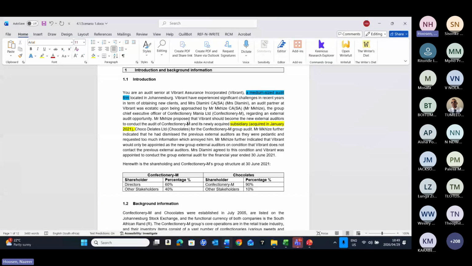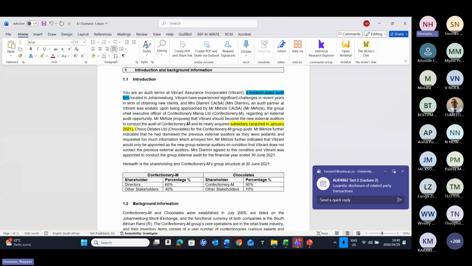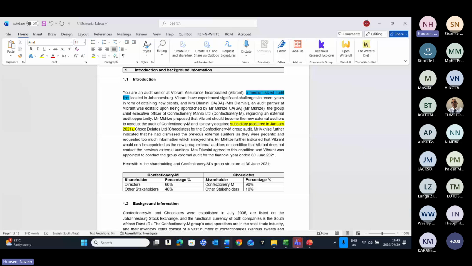Or which ambit within the required would it fall under? Risk of material misstatement. And what would the risks potentially be? A complex transaction, non-disclosure of related party.